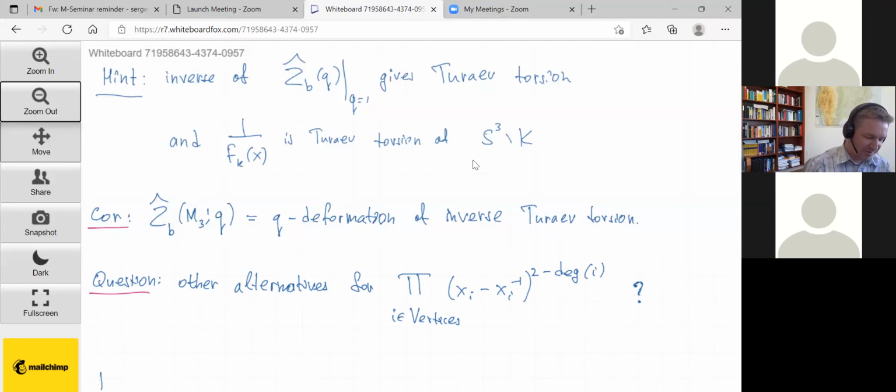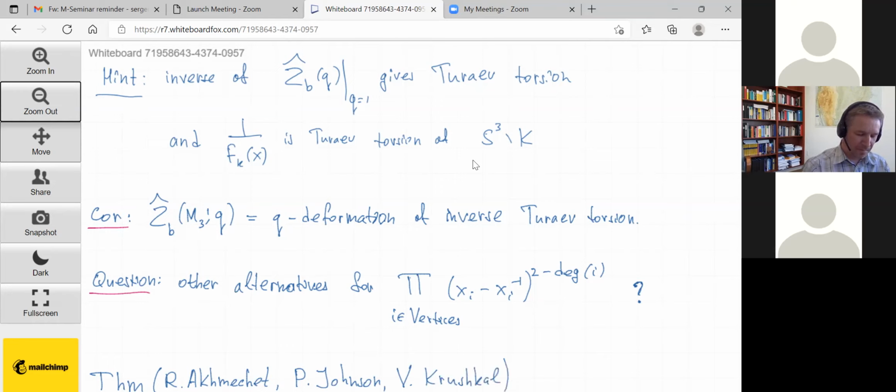The answer was given in a very recent paper of Rostislav Akhmedchet, Peter Johnson, and Slava Krushkal, where they say that the answer is yes, so there are alternatives.